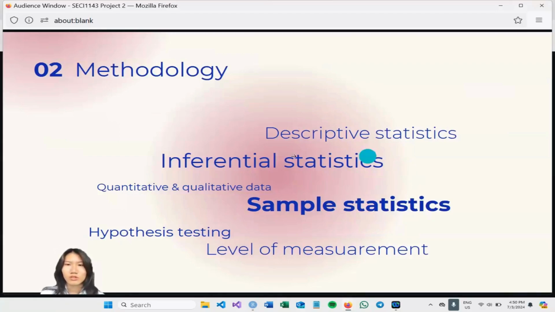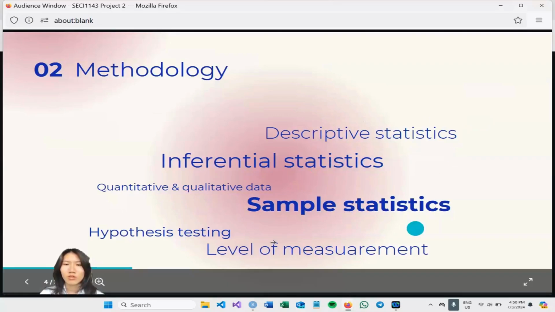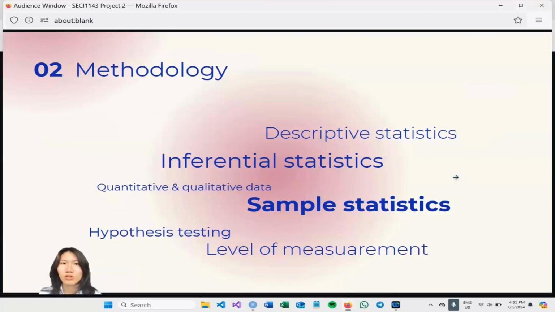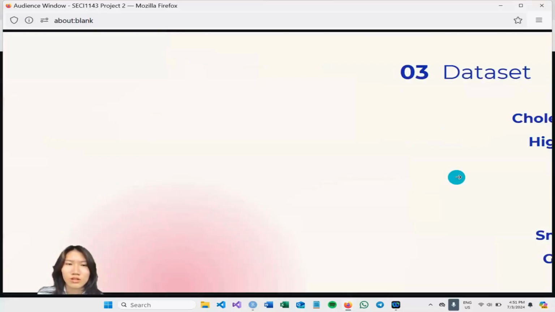Also, descriptive statistics is when we categorize and tabulate the raw data, and inferential statistics is when we draw conclusions or make hypothesis tests on this data. And also level of measurement, which involves data of different types. We have nominal, ordinal, interval, and ratio. And next, data set.